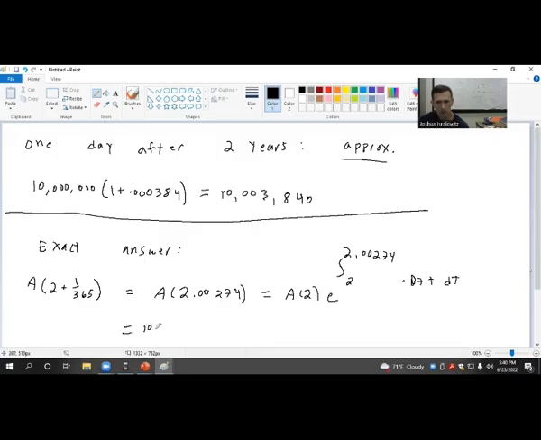So this is 10 million times e to the 0.035 t squared, evaluated from 2 to 2.00274.